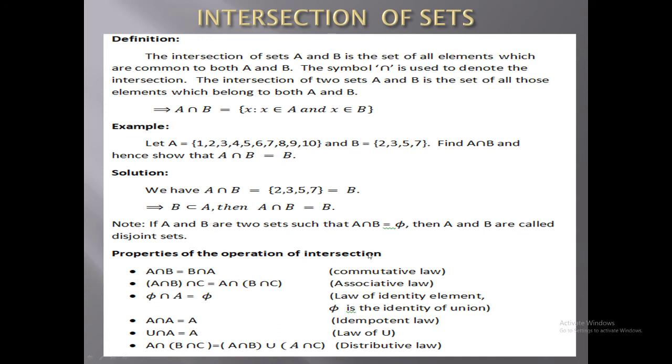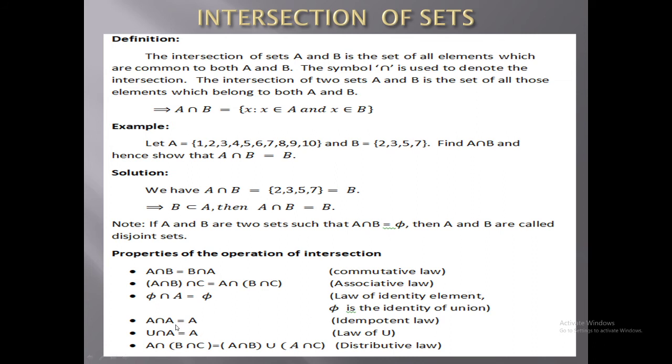Properties of the operation of intersection. Here A ∩ B = B ∩ A. This is the commutative law. (A ∩ B) ∩ C = A ∩ (B ∩ C). This is the associative law. φ ∩ A = φ. This one is the law of identity.